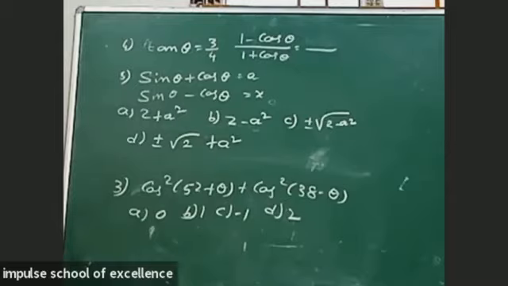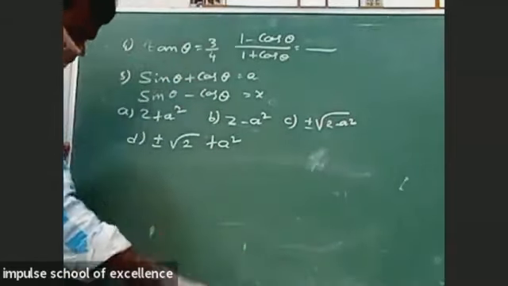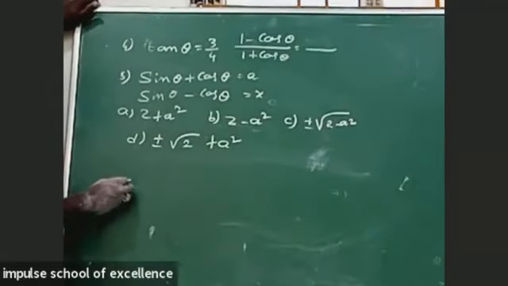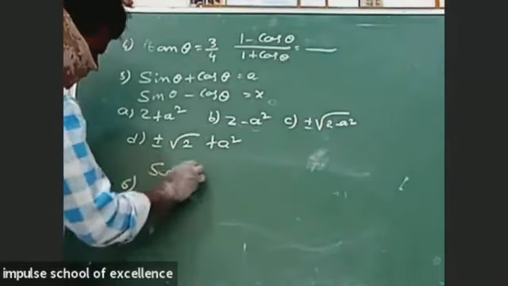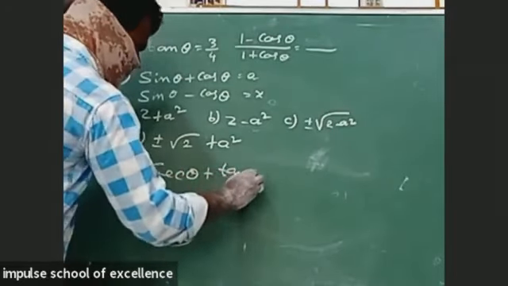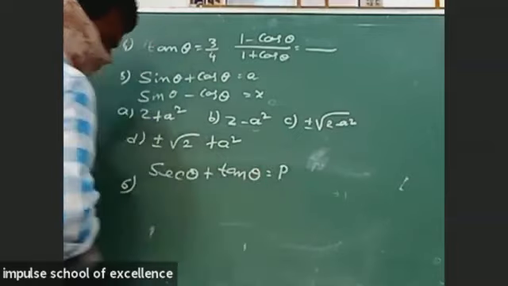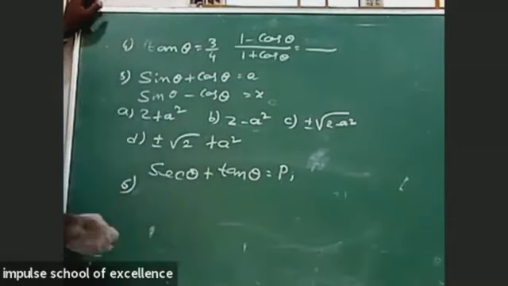Next one. Sixth one. Secant theta plus tan theta is equal to P. Sir, second answer B, sir. Yes, ma, very good.